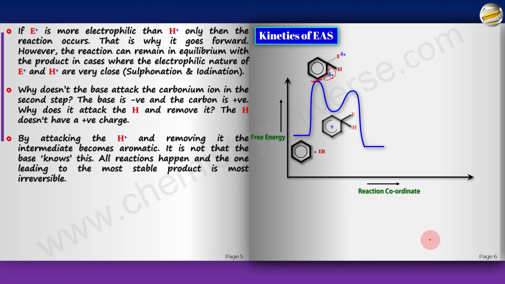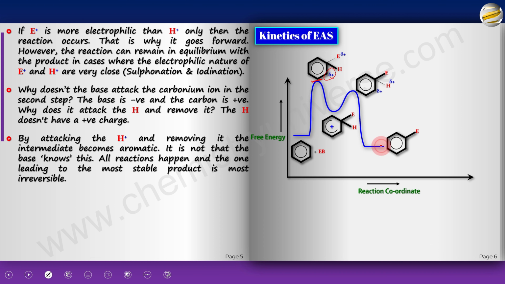This is the sigma complex. Now remember, H plus is leaving. As H plus leaves, the CH bond becomes weaker and weaker. The pi bond starts getting retained on the benzene ring, and you again get a pi complex. But here, it is the H which is having the delta plus. And then eventually, H completely leaves and you get the product.